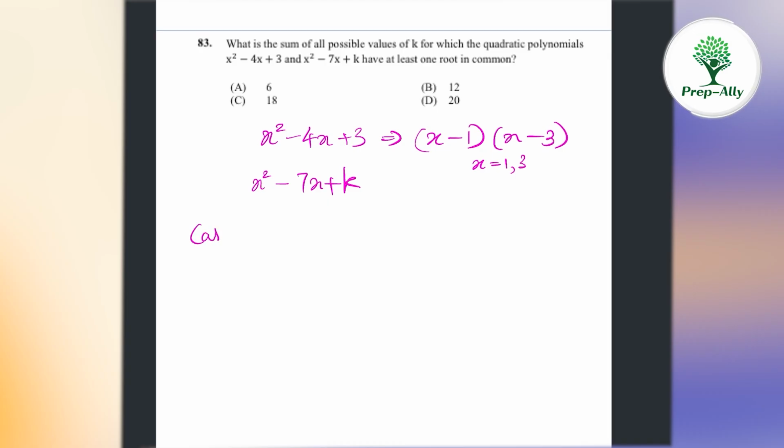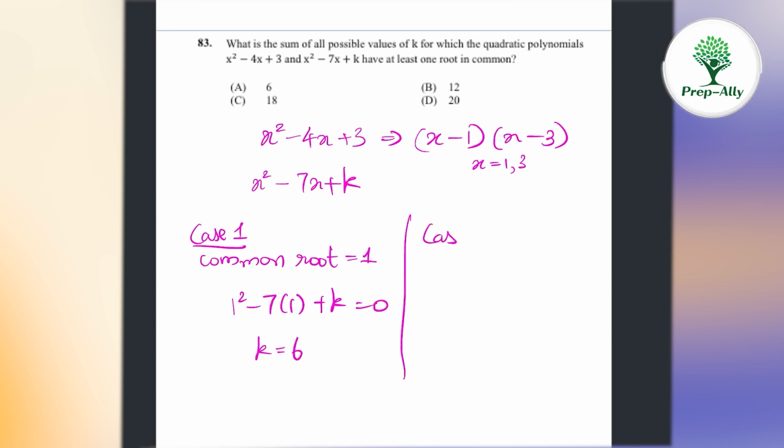Case 1, common root equals 1, then 1 square minus 7 times 1 plus k equals 0, and k equals 6.